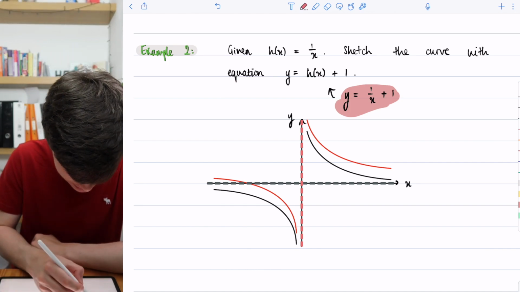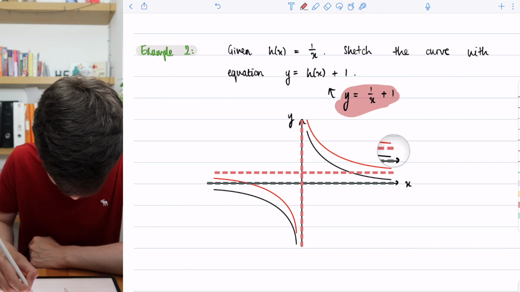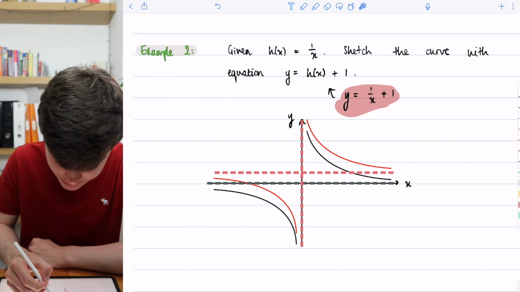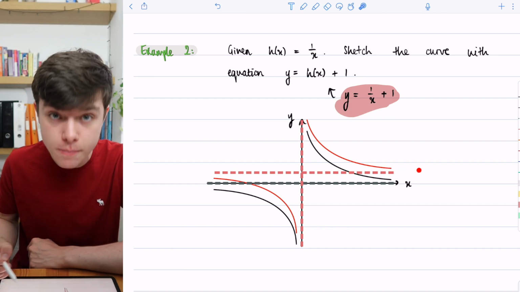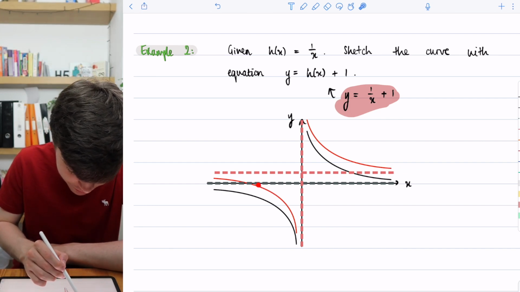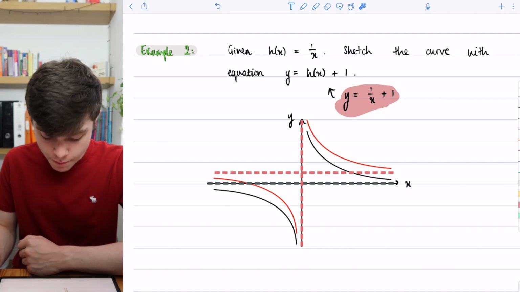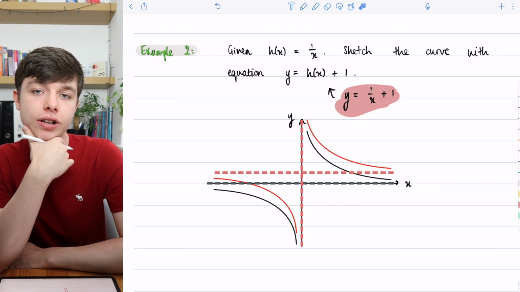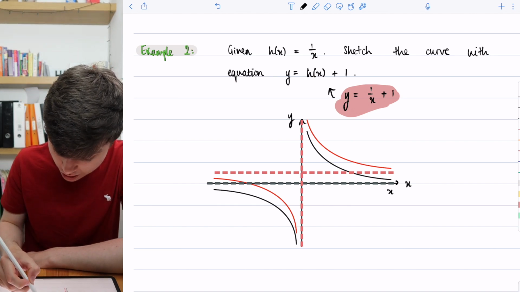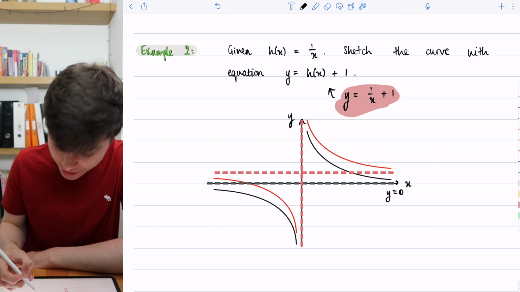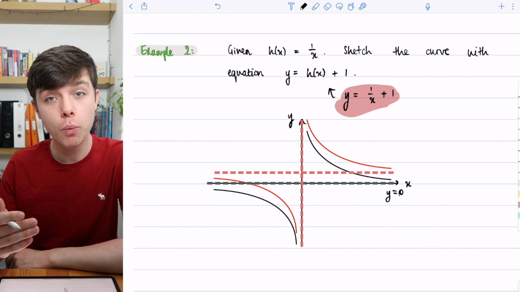So we're changing the asymptote here to be about there. This graph is going to approach and approach this asymptote, but never touch it. And this graph is going to approach and approach, but never touch it. But we can actually work out what that horizontal asymptote is. We went from the asymptote y is equal to 0 on the x-axis and moved the graph up by 1.